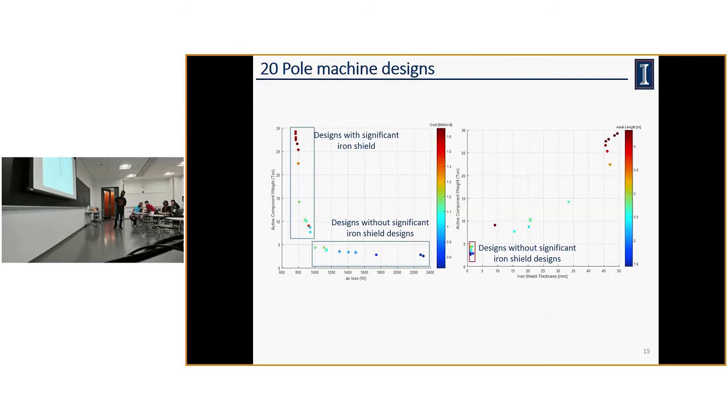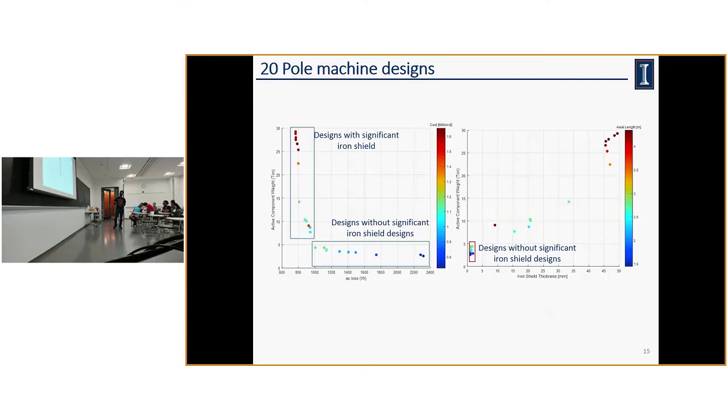Then I come back to see whether it is beneficial to go for an active shield design. When we go for a design, these are the designs with a significant iron shield. You can see that the weight is very high, but these are the designs without a significant iron shield, so the weight is going low.